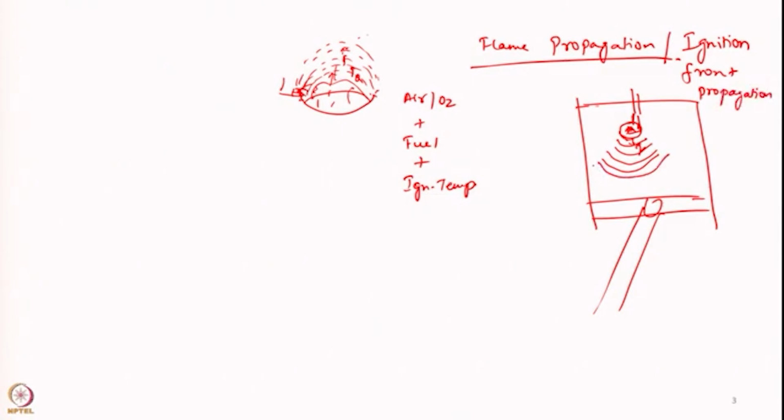Here the properties of the fuel and air mixture and the energy released, or the calorific value of the fuel, play a very important role in how fast the flame propagates, or how fast heat is transferred to the next layer so that it can reach the ignition temperature. The next layer of the fuel-oxidizer mixture should reach the ignition temperature.